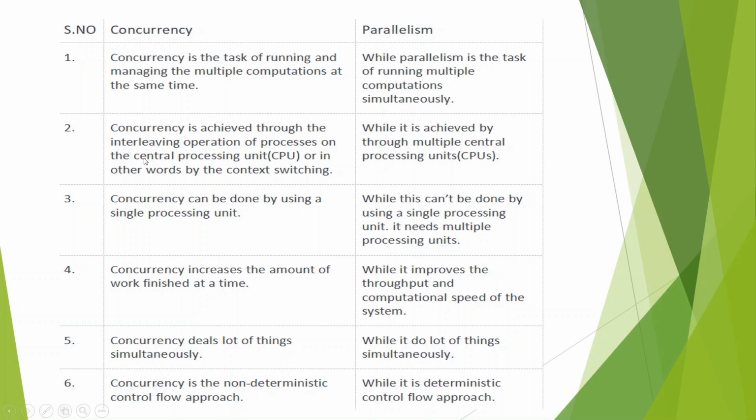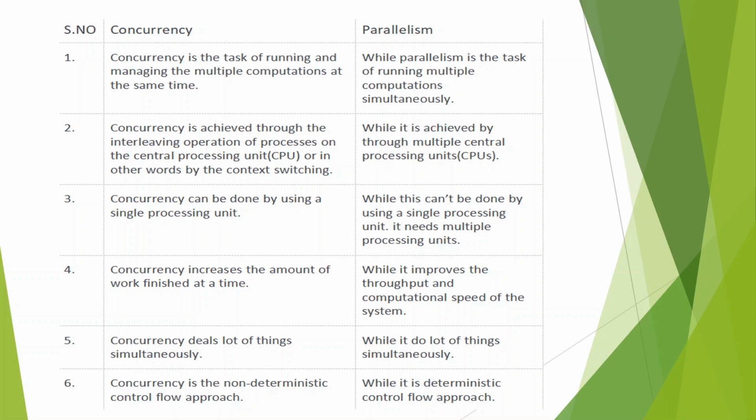Concurrency is achieved through the interleaving operation of processes on the central processing unit, or in other words by context switching. So usually we switch from one process to another. That is the term context switching, which I think we all have done in process scheduling. So at a specific time, the control will switch from one process to another.